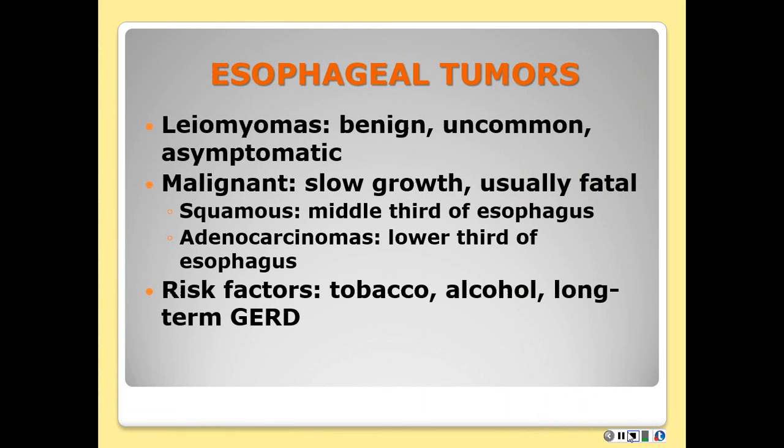Esophageal tumors. Patients may have esophageal cancer. This is usually a very slow-growing type of cancer, and it is usually fatal because the patient is asymptomatic until it's very progressed. Okay.